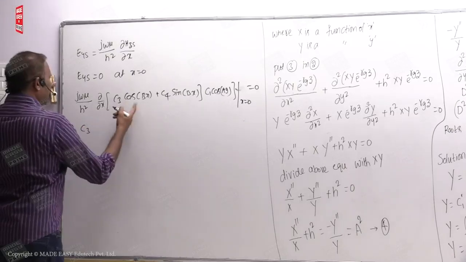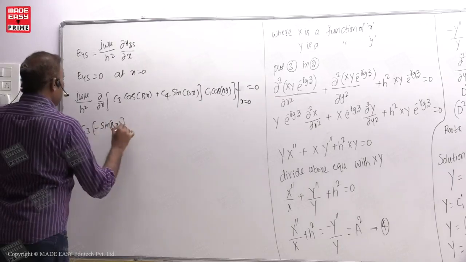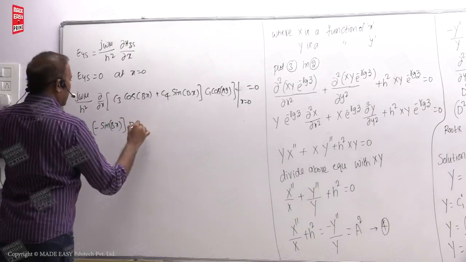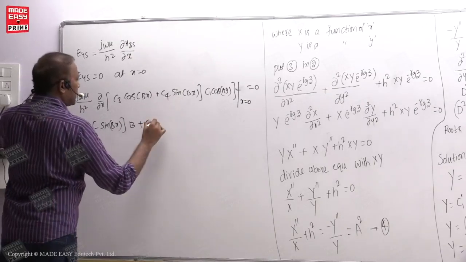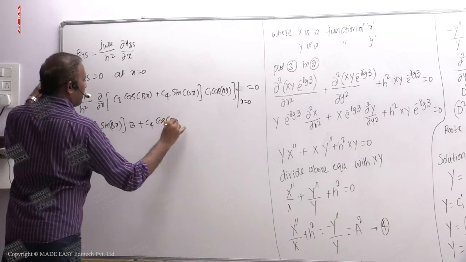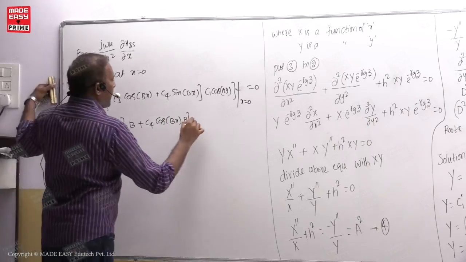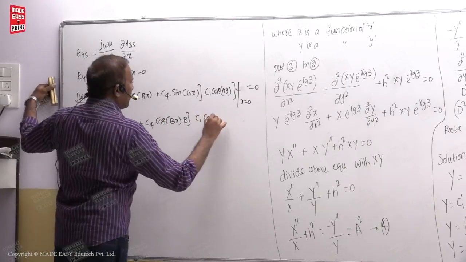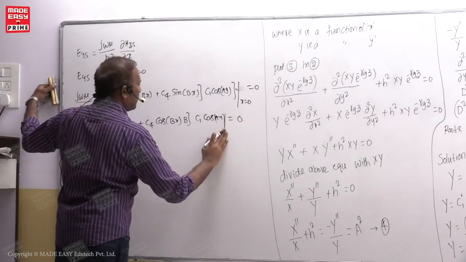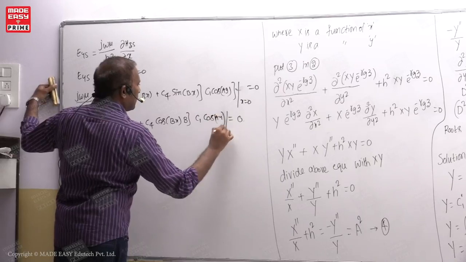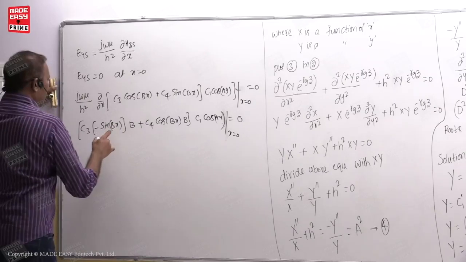So that means this also goes to that side, that is 0, and ultimately this is like this. So C3 into d by dx of this is minus sin bx into b, next plus C4, d by dx of sin is cos bx into b, C1 cos ay is equal to 0 at x equal to 0. You substitute x as 0 here, this is gone.